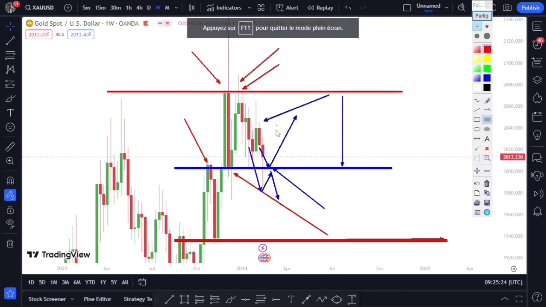So this is the idea. Understanding that this is what we call a range, and this is what we call a range. So this is range 1, this is range 2. Our trades are going to be taken on the rejections or on the breakouts to continue down. This is the idea, and this is the difference between them.